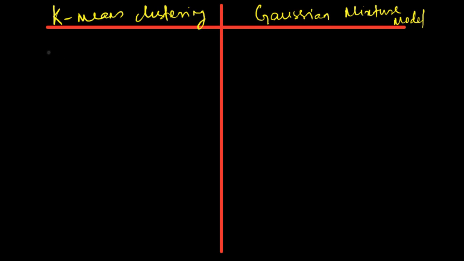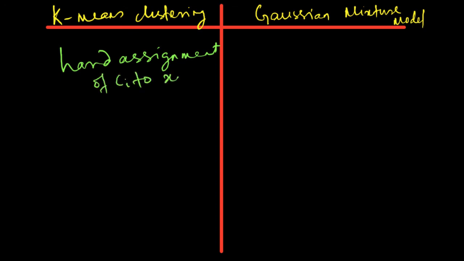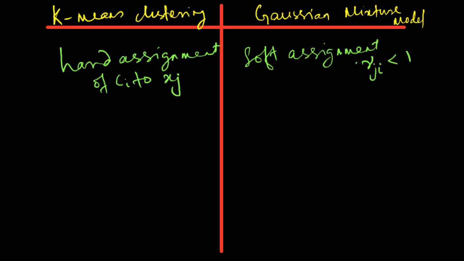The first and crucially important point is that in the k-means clustering algorithm, you have a hard assignment of Ci to each xj. But in the Gaussian mixture model case, you have a soft assignment in the form of your gamma ji, which is actually a fractional value between 0 and 1.